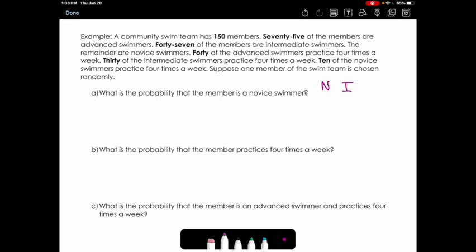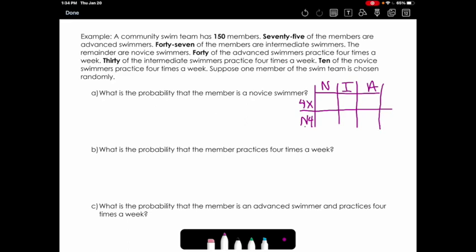I'm going to label N for novice, I for intermediate, and A for advanced. And then I'm going to label 4x for 4 times a week, and N4 for not practicing 4 times a week.